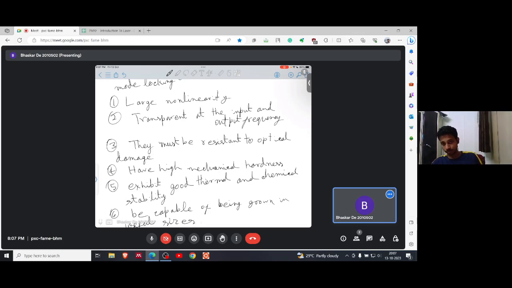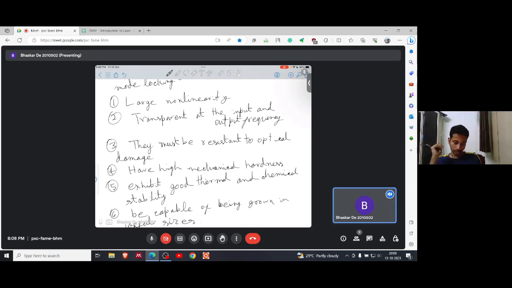Good thermal and chemical stability means that this material should be non-interactive with the other chemicals available around, like the material should not be interacting with the oxygen available in the air or the water vapor in the air.